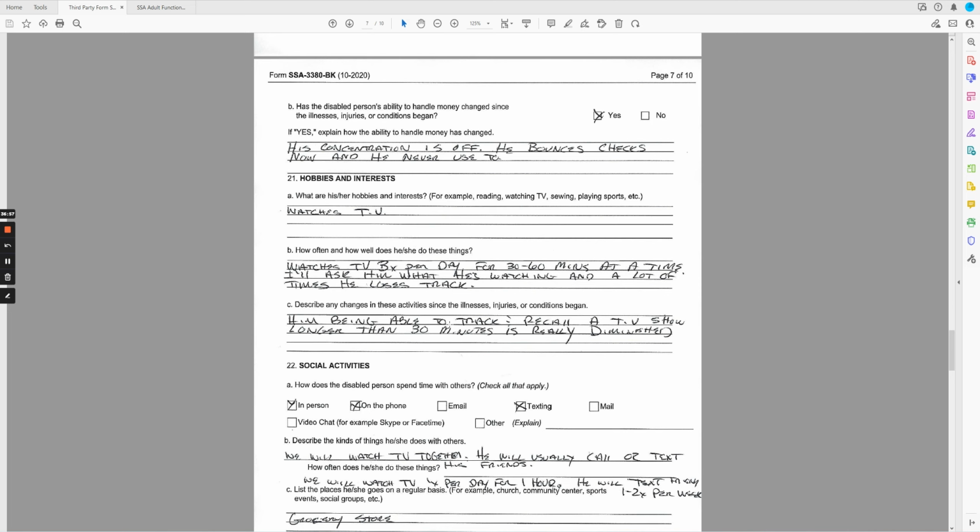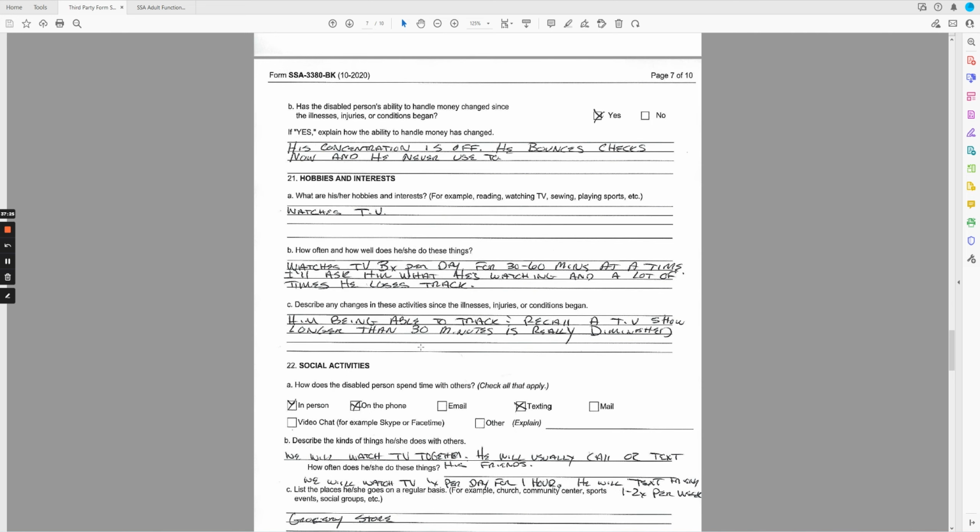I'll ask him what he watches, and a lot of times he loses track. Meaning the client or the disabled person can't track a 30 to 60 minute TV show. If you've ever asked someone, what'd you think, or I missed 15 minutes of it, tell me about the ending, and they can't do it, that would be really important to make note of in this third party form.